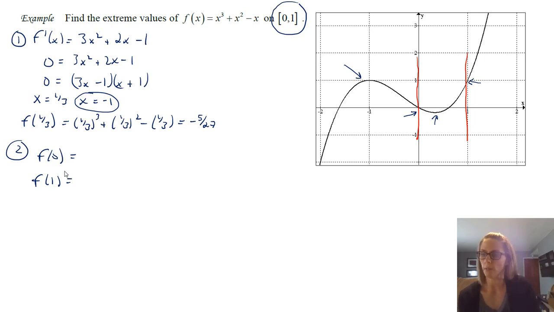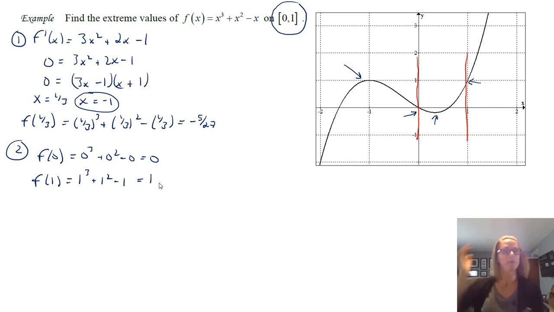So we plug those in, and f of 0 would be 0 cubed plus 0 squared minus 0. Very not exciting. And plugging in 1 is going to give us 1 cubed plus 1 squared minus 1. And we can see that that's going to give us 1.